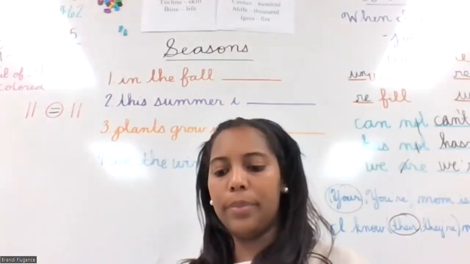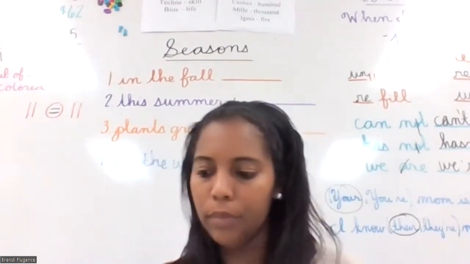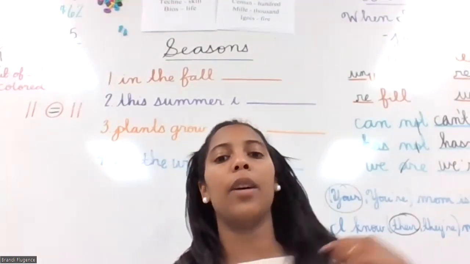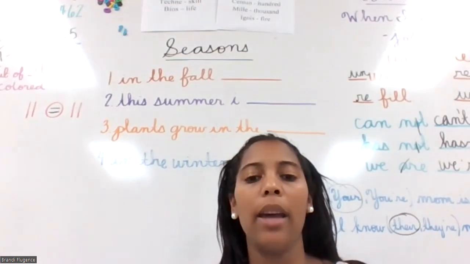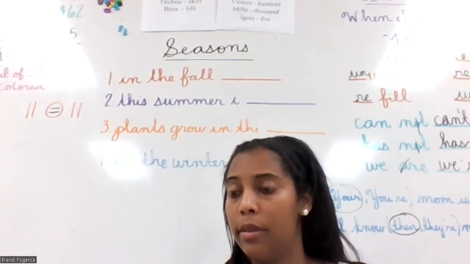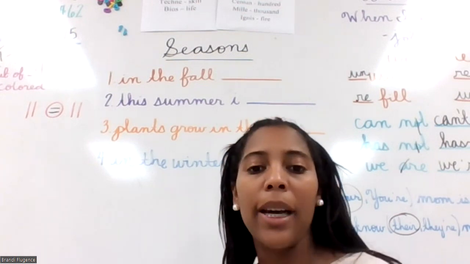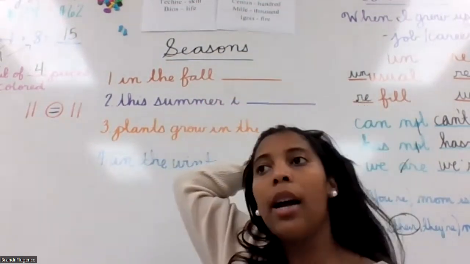Oh, you're on mute? In fall, leaves fall off the tree. In the fall, leaves fall off the trees, okay? Yeah, we had that one. That's what Carol said. Okay, you have something different? In the fall, I went back to school. Good.